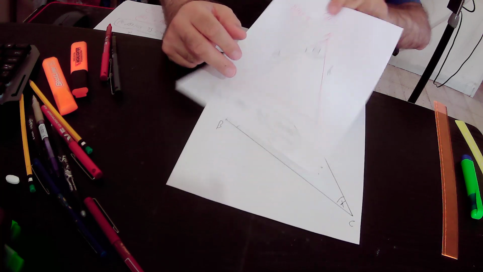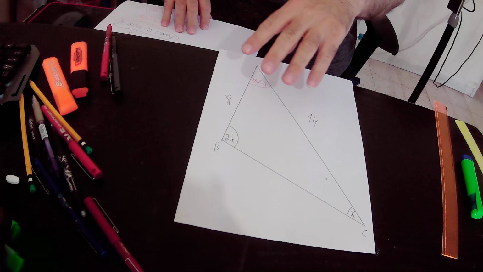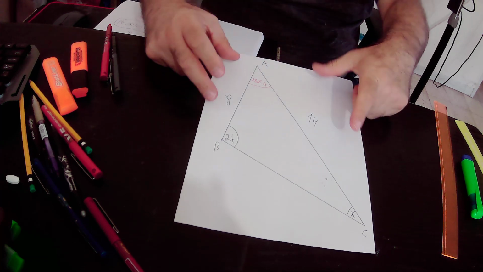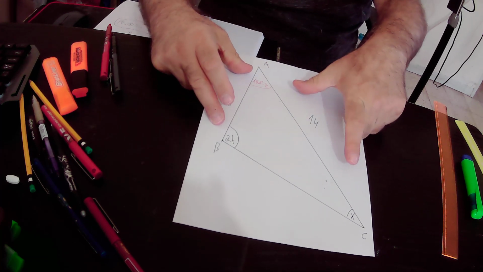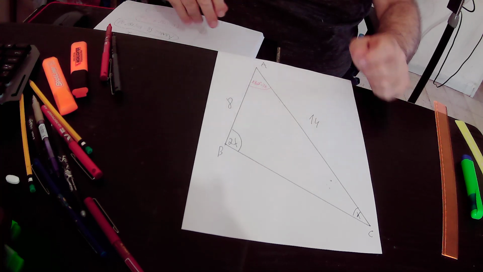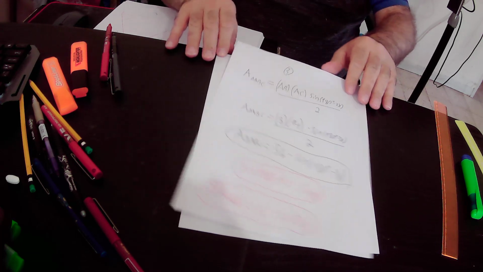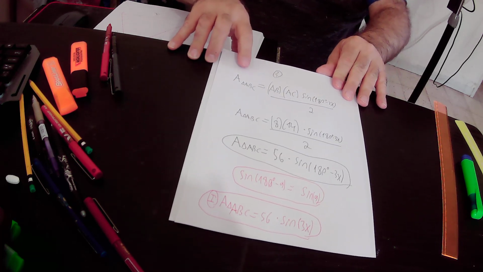We use this formula to find the area of our triangle, triangle ABC. The area equals AB times AC times sin of 180 degrees minus 3x over 2.